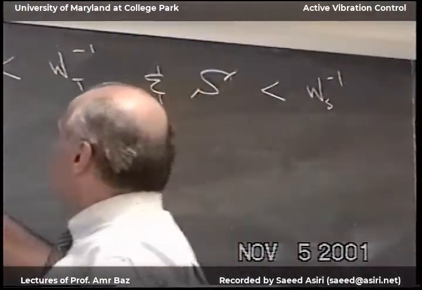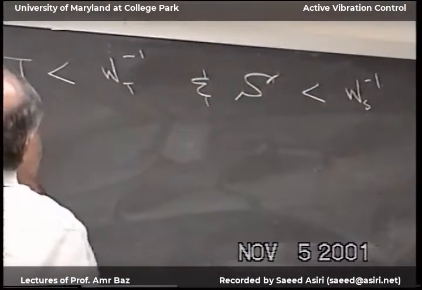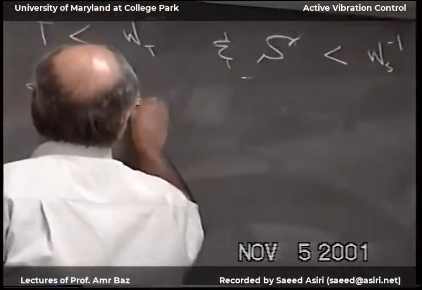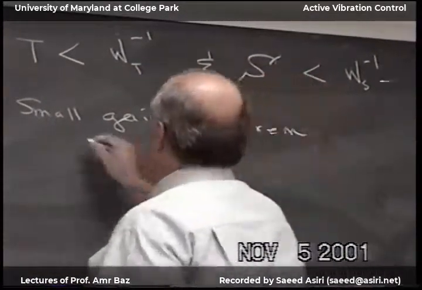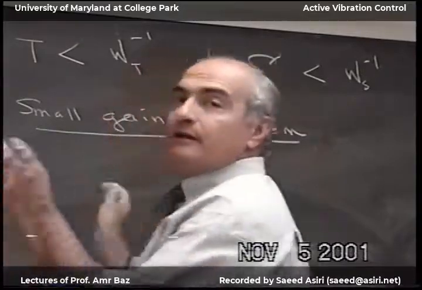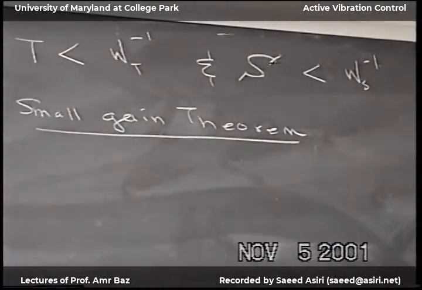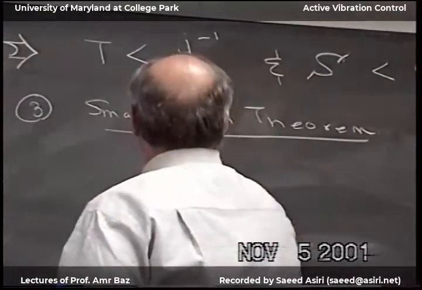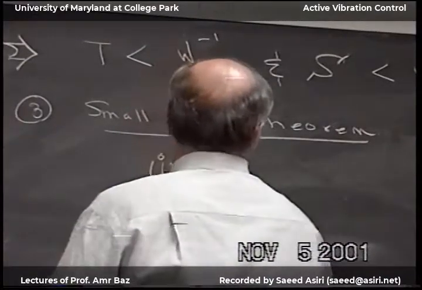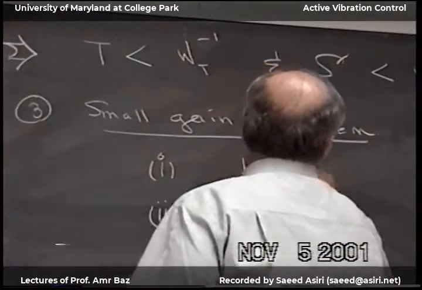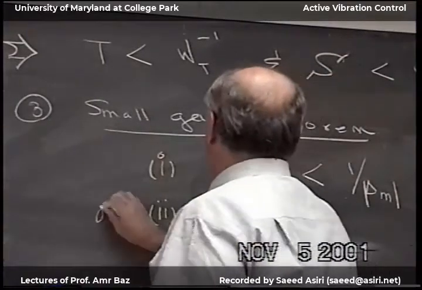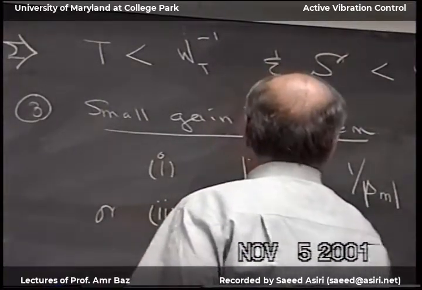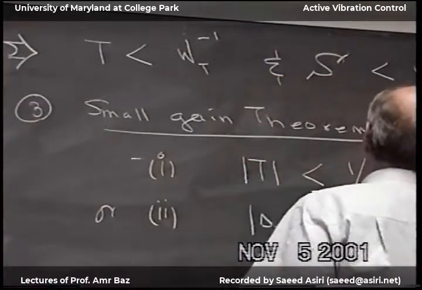Okay. The third thing that I did, which was the small gain theorem, and we summarize it in one of two ways: either the absolute value of T is less than 1 over delta M, or the absolute value of delta M is less than 1 over.